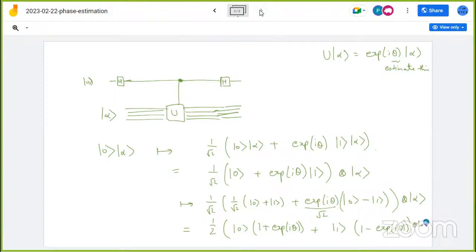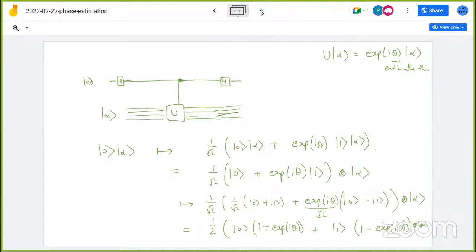But what are the probabilities? Earlier the problem was that if we had done only one Hadamard, you were here.